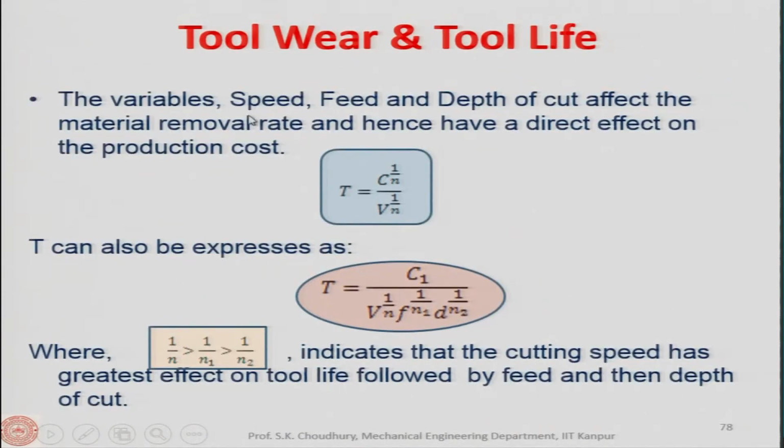However, variables like speed, feed and depth of cut are the cutting parameters, and they affect the material removal rate, and hence have a direct effect on the production cost. If the speed is more, the time taken is less and more parts will be produced, same in the case of feed and depth of cut.